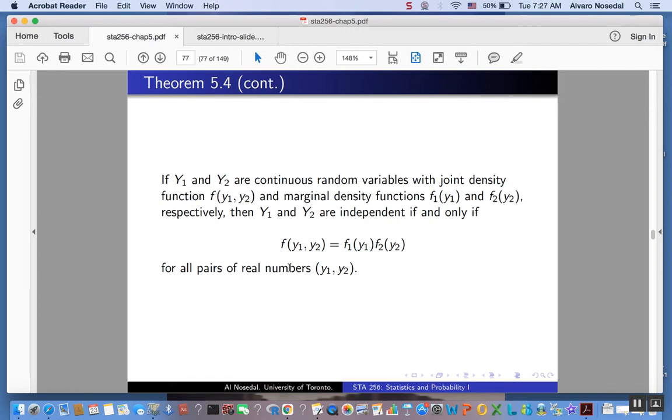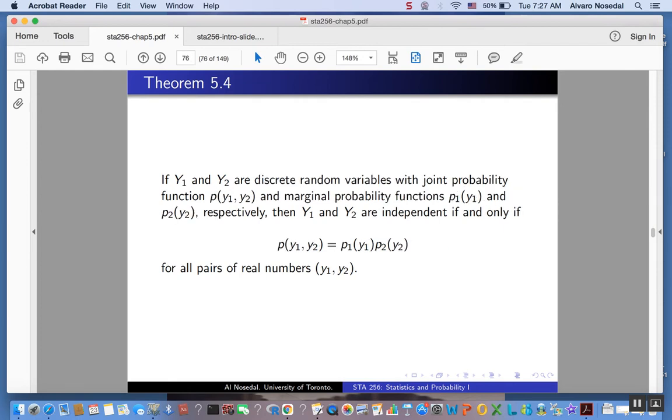So as you can see, this theorem has to do with continuous random variables. As you can see, there's a very similar way of showing that two discrete random variables are independent. The idea is the same.